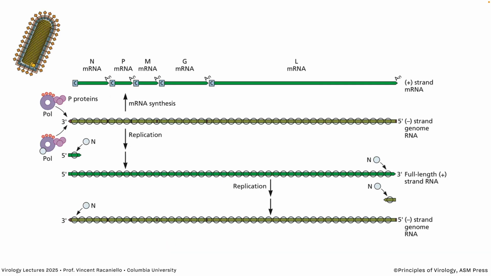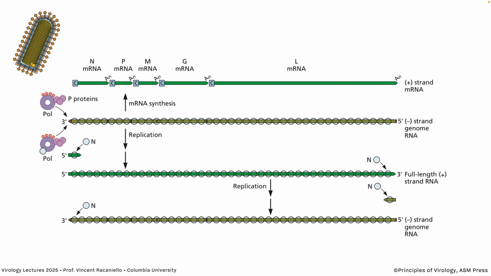So here's the genome of VSV here in olive colored. When it gets in the cell, the polymerase, which is attached to it, makes a bunch of mRNAs, N, P, M, G, and L. At some point, this has to be copied to full-length plus strands. The switch is the production of the N protein, the nucleocapsid protein. When the levels of nucleocapsid get high enough, they begin to coat the plus strands as they are made and cause the polymerase to make a full-length plus strand instead of subgenomic plus strands.